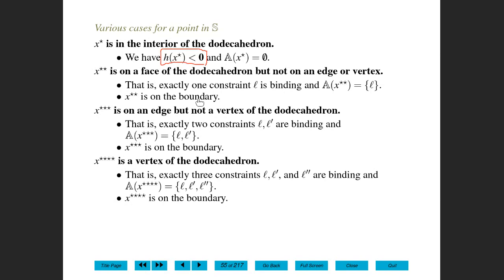If two are binding, that would be enough to put it on an edge. If three constraints are binding, that will put it on the vertex of this dodecahedron.